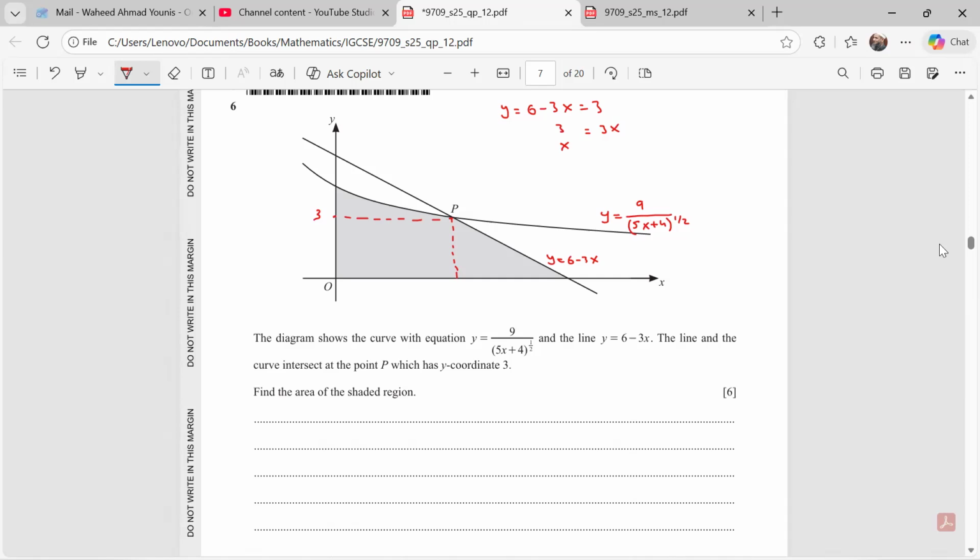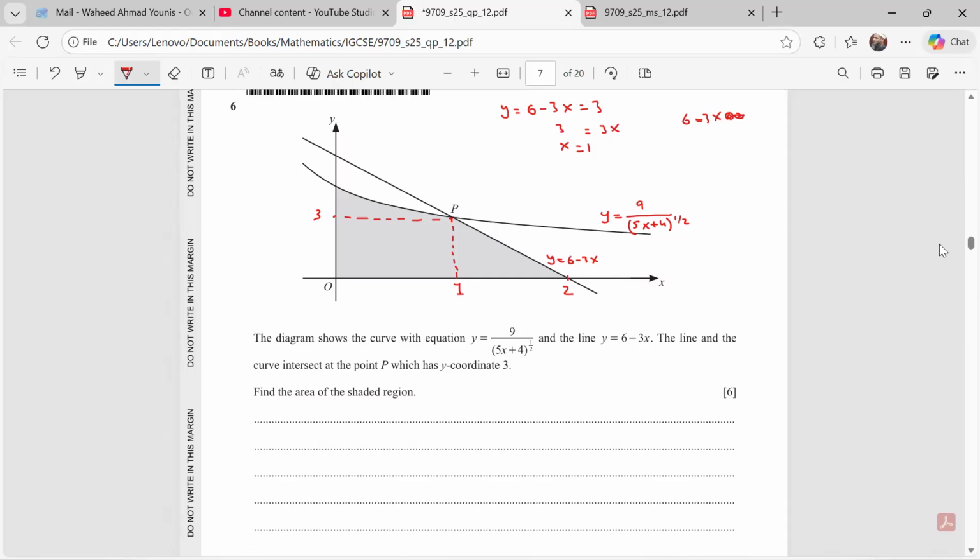So x is equal to 1. And of course, in this equation, when we put y equal to 0, it becomes 6 minus 3x equals 0, so 3x equals 6 and x is equal to 2.